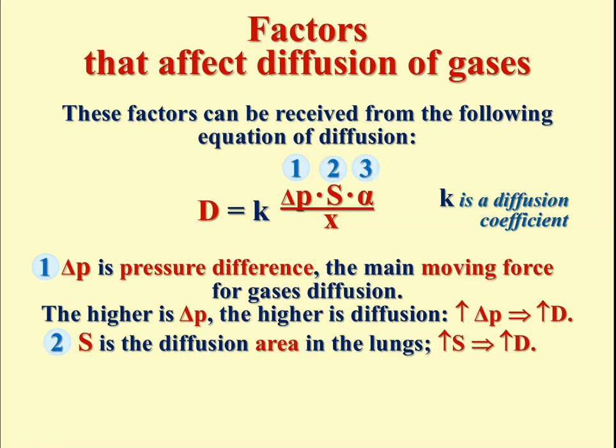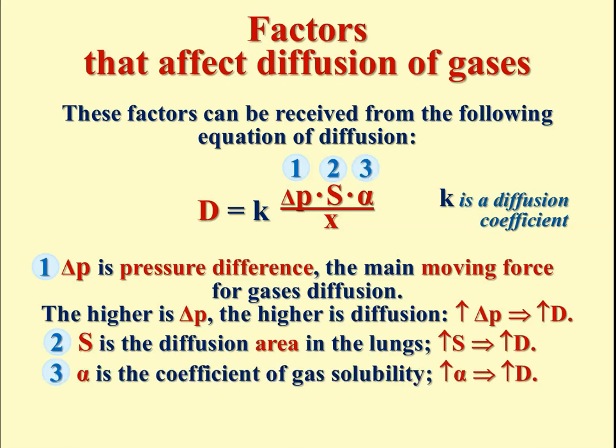Then alpha, this is the solubility coefficient for each gas, it's individual. And a higher coefficient of solubility provides correspondingly higher diffusion with all the rest of the parameters the same in this equation. For example, for oxygen and CO2, diffusion with even the same parameters will be greatly different, because the coefficient of solubility for oxygen is less and for CO2 is much higher, approximately 24 times higher.